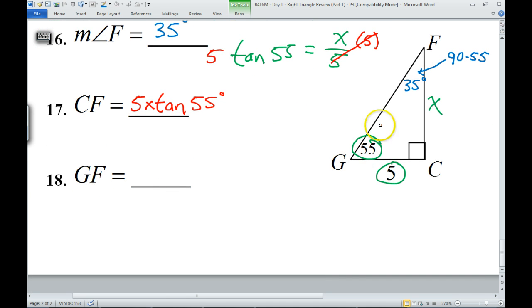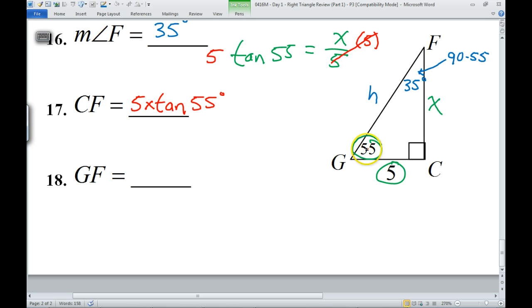What else? GF, the hypotenuse here. I'm going to go ahead and put an H on here. That stands for hypotenuse. So ignore the X for now. So, in fact, let's use the 55, not the 35. Let's stick with the angle that they gave us.